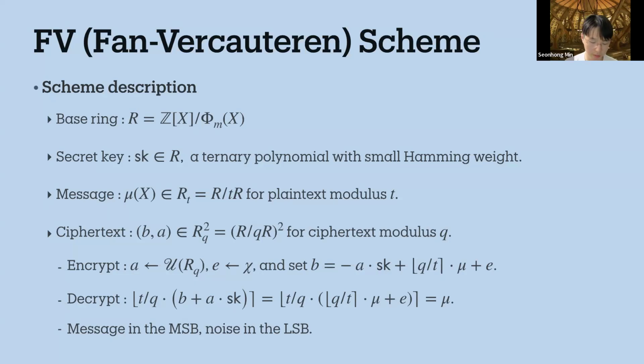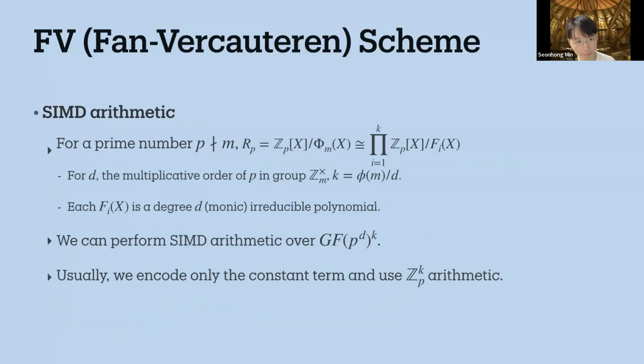The encoding strategy of the FV scheme is to store the message in the most significant bits and the noise in the least significant bits. Usually we want to use a simple arithmetic for the FV scheme, since if you encode just a single integer modulo t, it is a waste of ciphertext space to encode a single integer into the large ring.